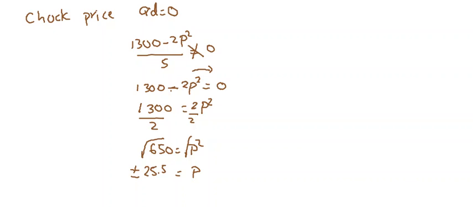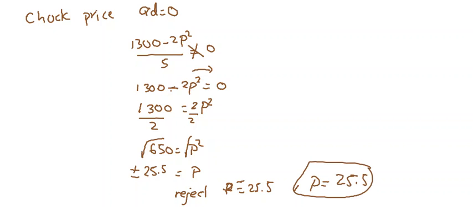As we know there is no negative price, so we will reject minus 25.5. So we know that the price is equal to 25.5. So this will be the answer.